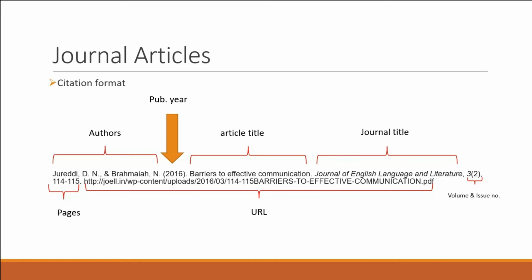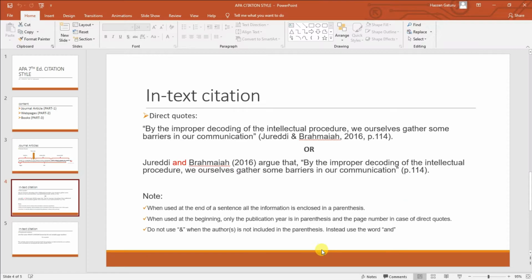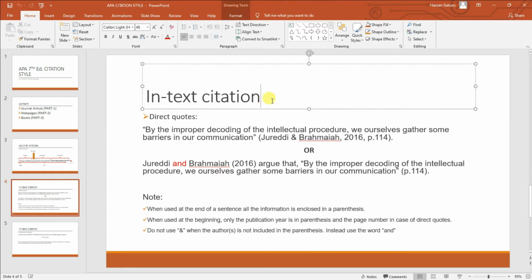The next thing is, how do you cite in-text? The other thing is in-text citation. Now in APA, in-text citation usually takes this format. You start with the last name of the author, then a comma, then the year of publication.